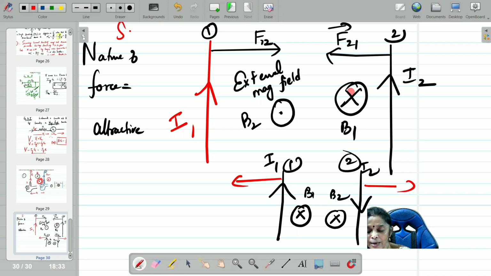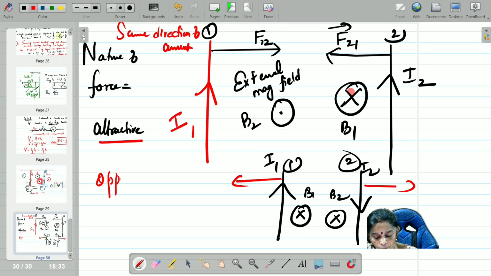Nature of the force: same direction of the current, attractive. Opposite direction of current, then you can say repulsive.